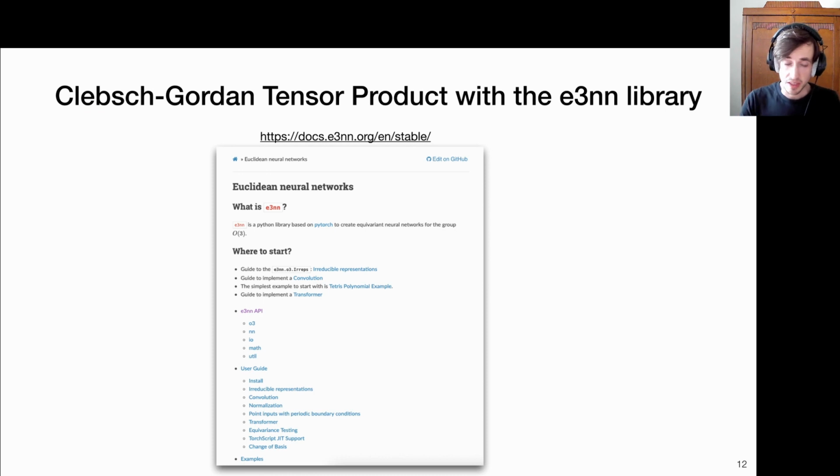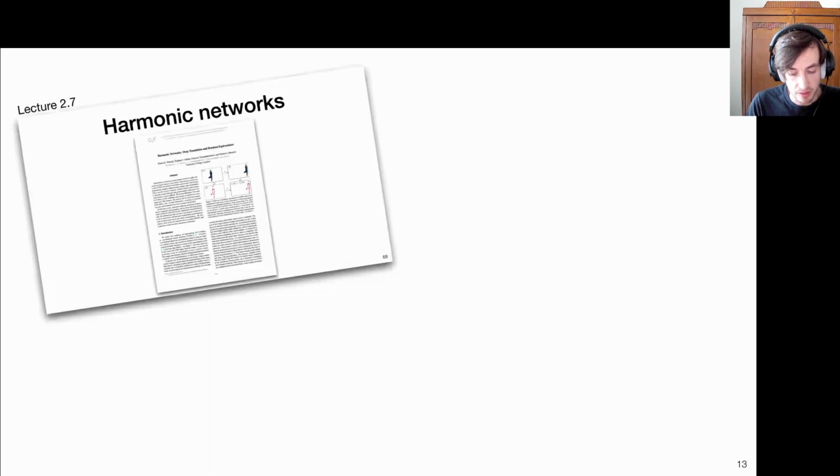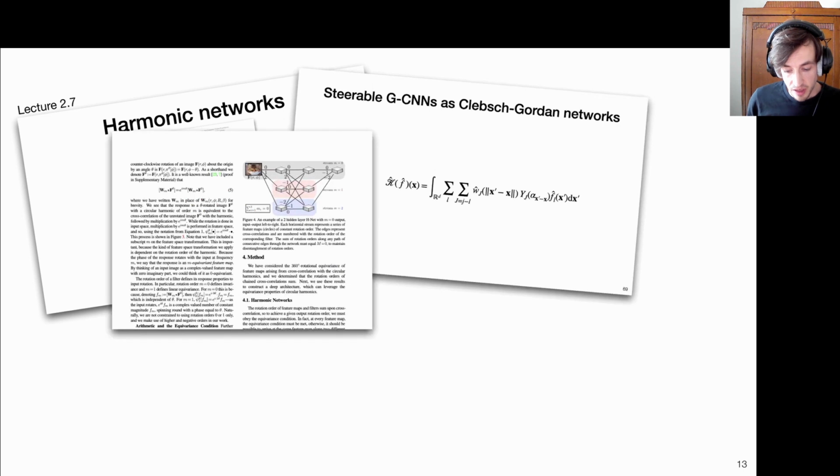Yeah, so we covered actually all the theory that you need to know to understand and start building your E3 equivariant graph neural networks, especially if you make yourself acquainted with this particular library. Because we've already seen, like in the 2D case, that we came across this Clebsch-Gordan tensor product. Now we actually know what it does. We also saw that in these harmonic networks, we were able to transition between frequencies.